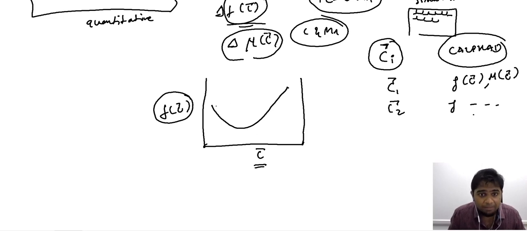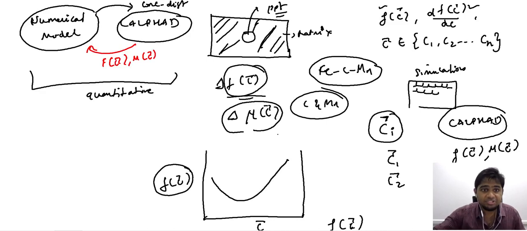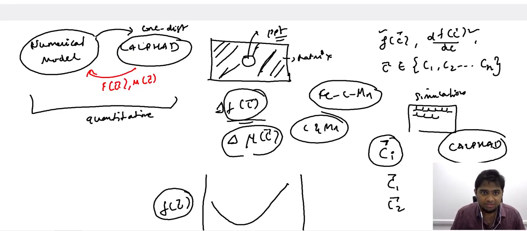Now, if we are able to approximate this trend, instead of gathering this concentration and free energy information as individual data points, if we are able to express it as a function, then we can replace this exchange of information by including the function that we have developed.